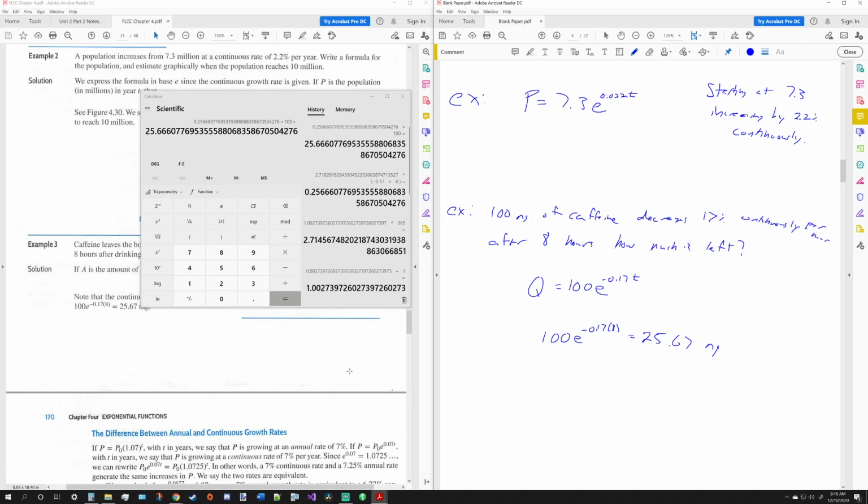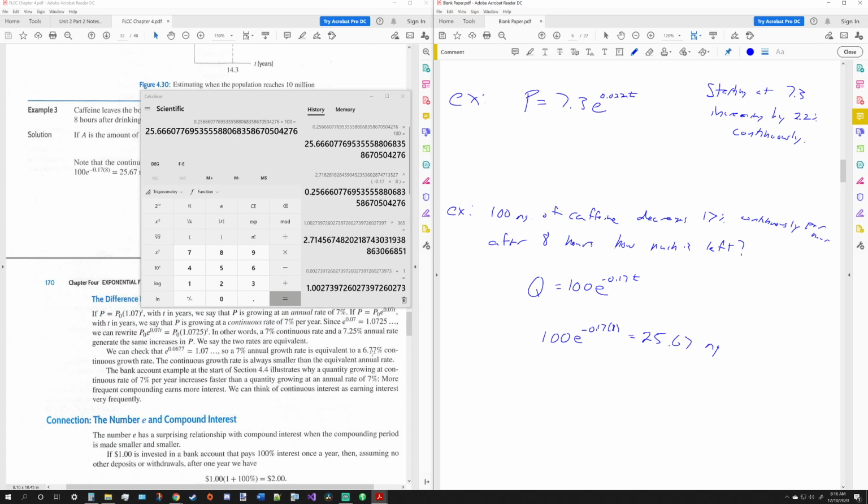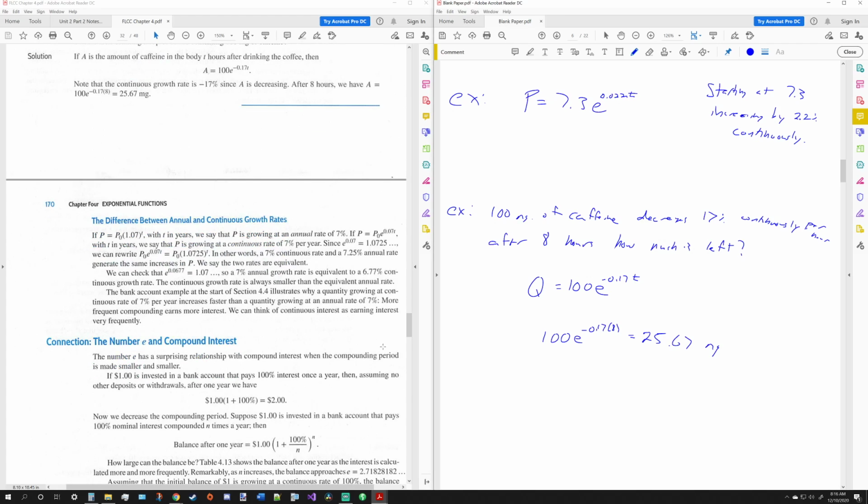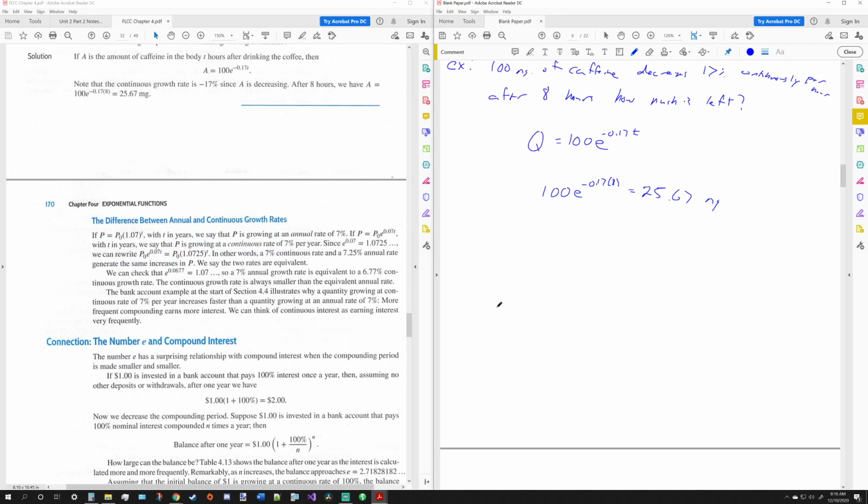Good. So the next thing the book goes into is again that idea of how we relate these when we do this versus that. So if you notice, to relate the B value, the growth factor, to the continuous growth rate, these two things are the same.